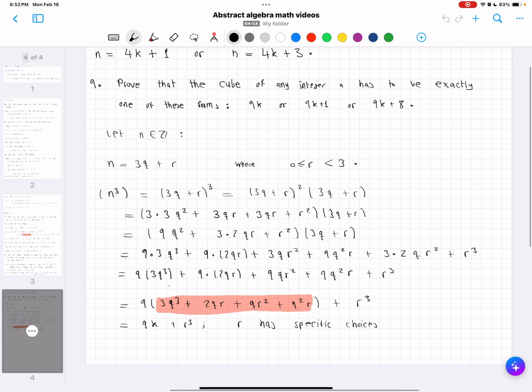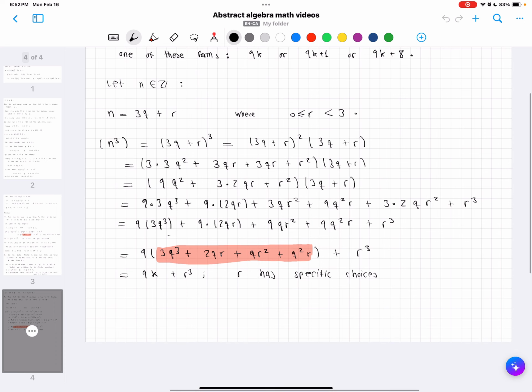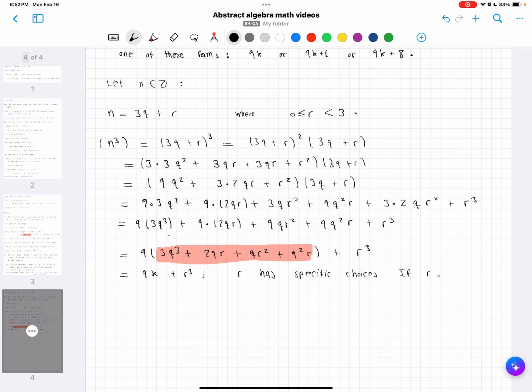The choices for r are either 0, 1, or 2. If r is equal to 2, then you have n to the power of 3 is 9k plus 8.